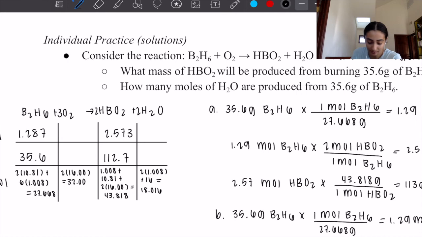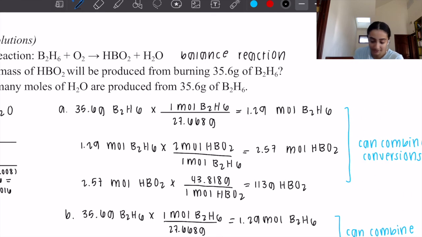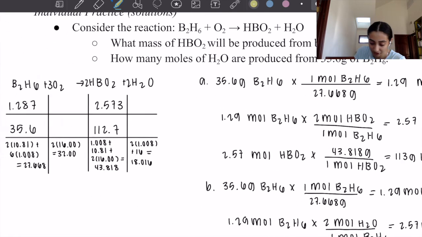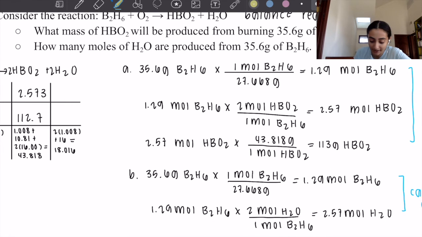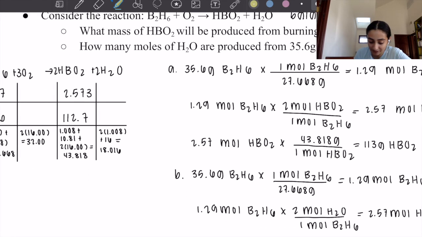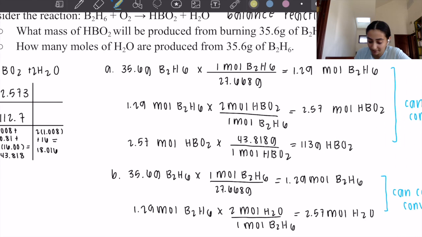So I calculated the molar mass of everything. And now what I did was first convert the mass to moles of B2H6 and then do a mole ratio using the coefficients, because the coefficients reflect the ratio of the moles of each compound in the reaction. And then I multiplied that by the molar mass of HbO2 in order to calculate how many grams of HbO2 are reacting.